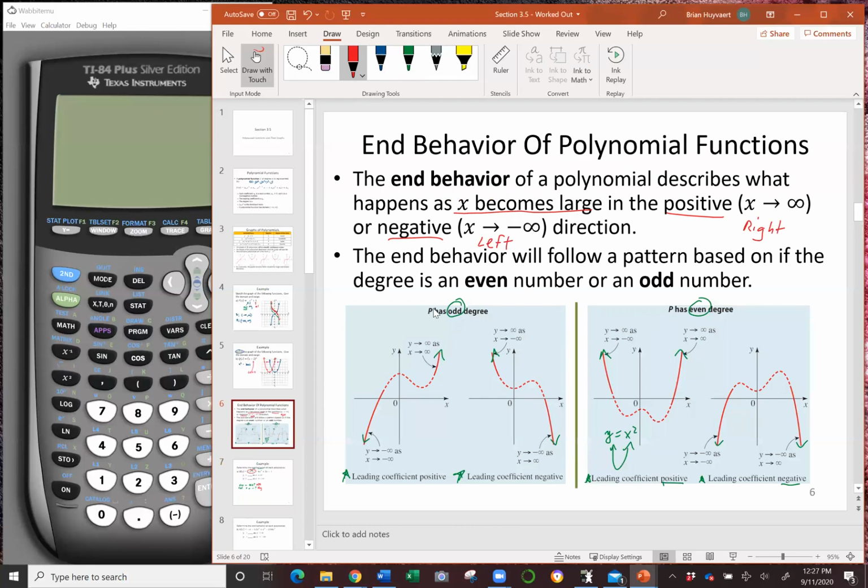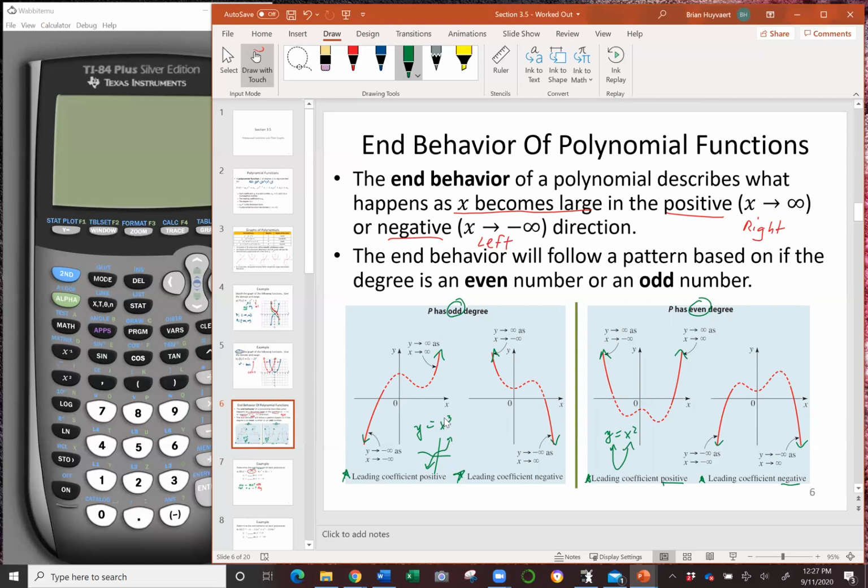So we can refer back to this. What I would say is, don't really memorize these. Use basic functions as a guide. Like I had mentioned over here, y equals x squared is a very simple even function. It represents what happens for all even functions. You could do the same thing with y equals x cubed, and get a sense of what happens there.